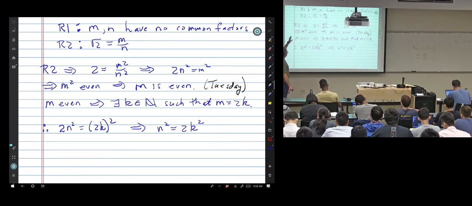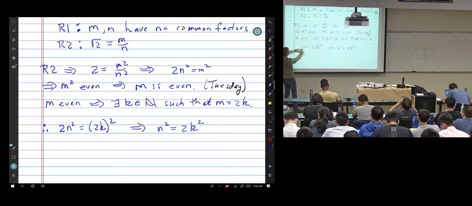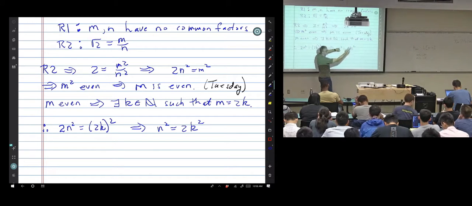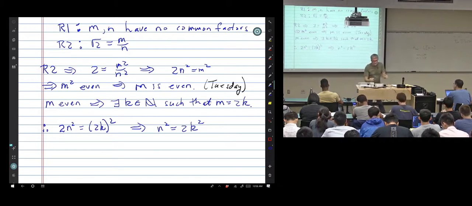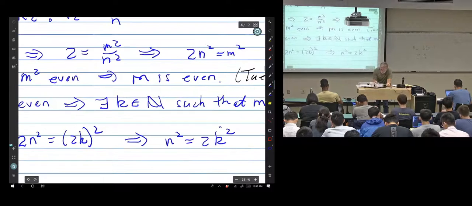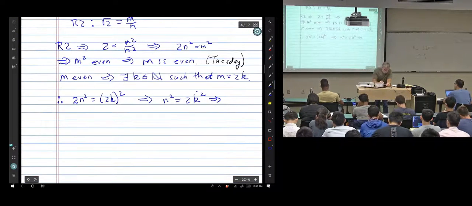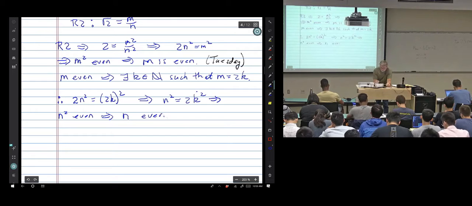I'm working in the integers, but M and N are natural numbers, so they're fine. So 2N squared equals 2K squared. So N squared is even, and hence N is even. This implies N squared even, which implies N even.